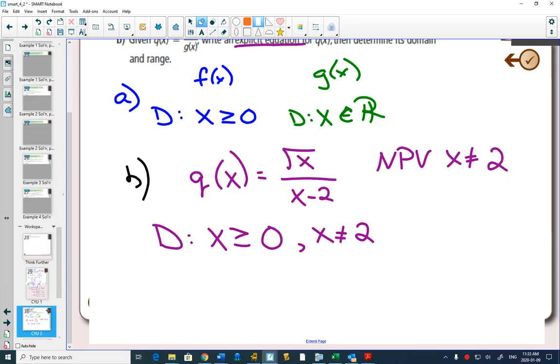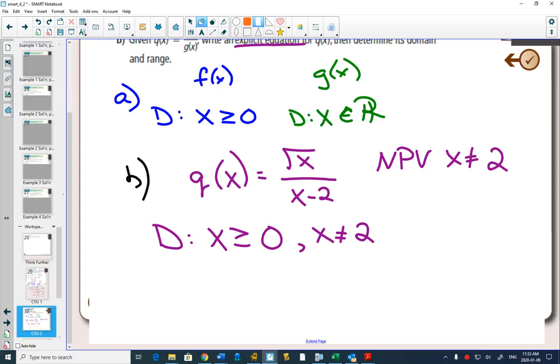Unfortunately, the equation that we have, square root of x over x minus 2, is not one that we've graphed in any of our units. We've done rational equations, but we never did a square root on the top in our rational equations unit.